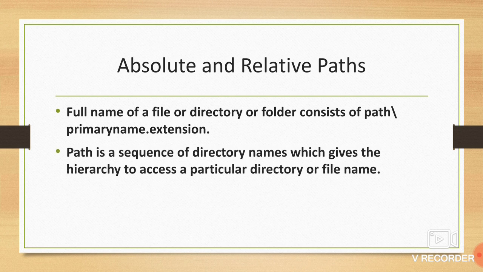Path is a sequence of directory names which gives the hierarchy to access a particular directory or file name. Path means a sequence of directory names. Sometimes it happens that we have one folder, meaning one directory, inside it another folder, inside it another folder, and inside that our file is present. So what we are doing is giving the complete path, and only then are we able to access that file. So path is a sequence of directory names which gives the hierarchy.